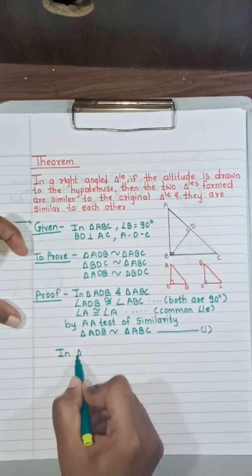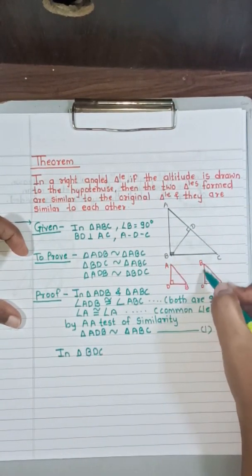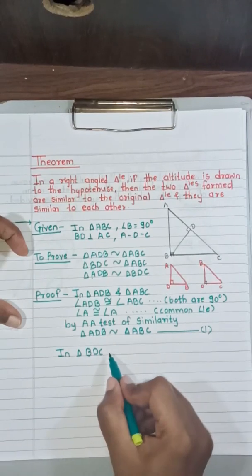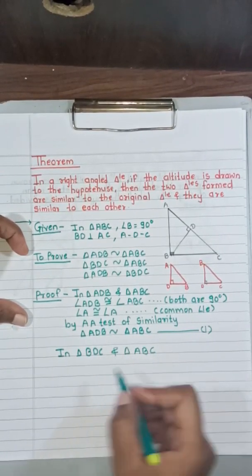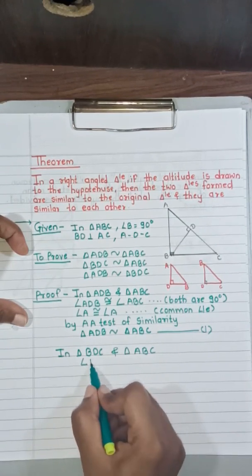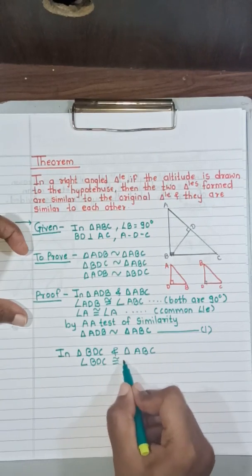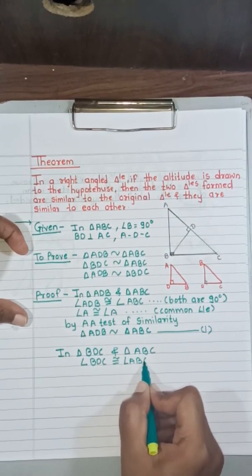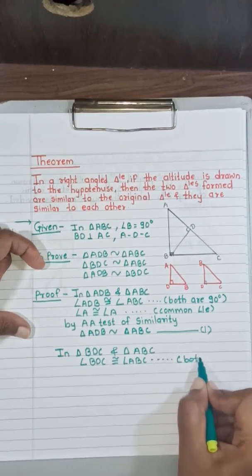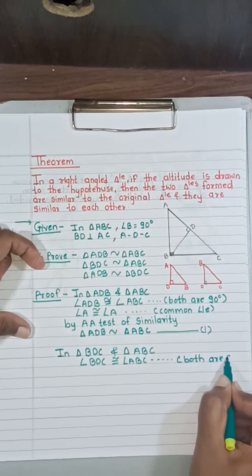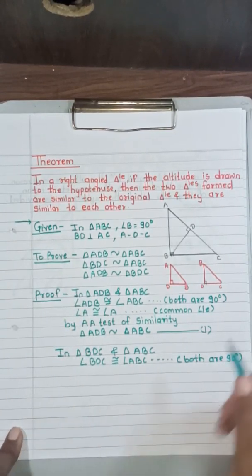In triangle BDC and triangle ABC, you find that angle BDC is congruent to angle ABC, as both are 90 degrees.